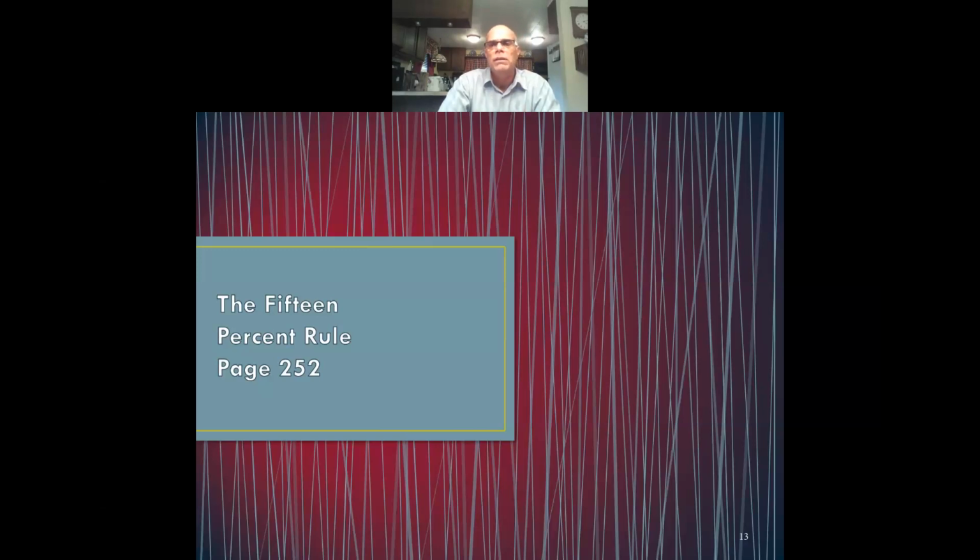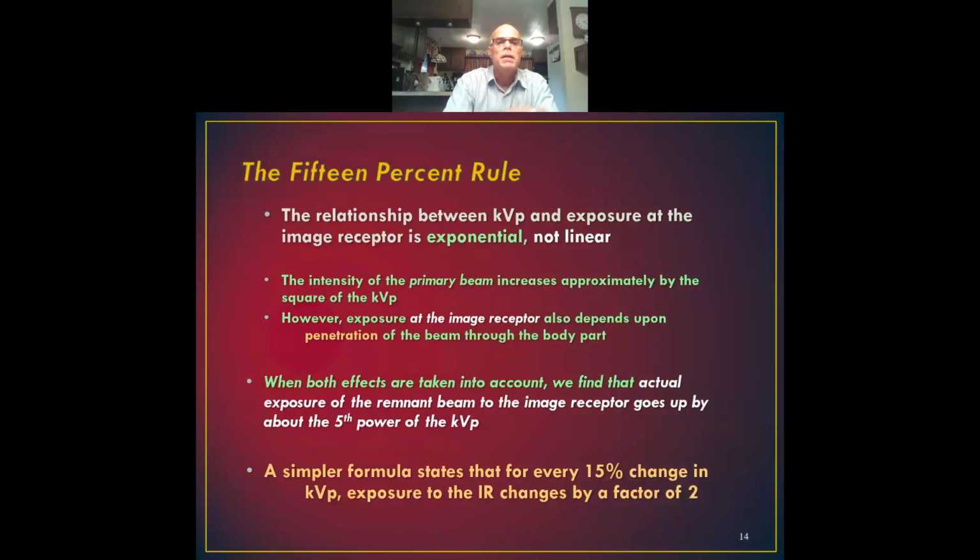So we have to do some type of balance so that we can adjust our exposure. When we're increasing our kVp, we're not using too many x-rays, because increasing kVp is actually increasing the quantity of x-rays.